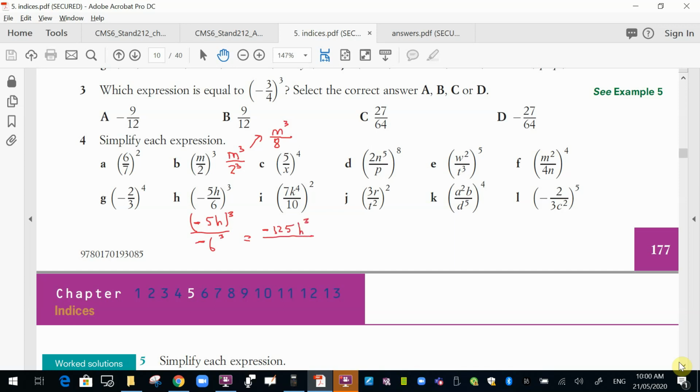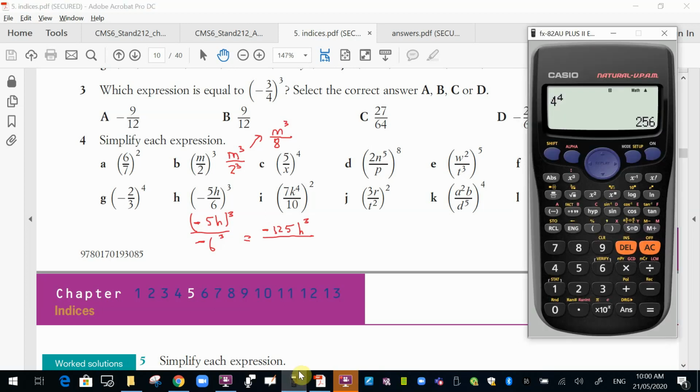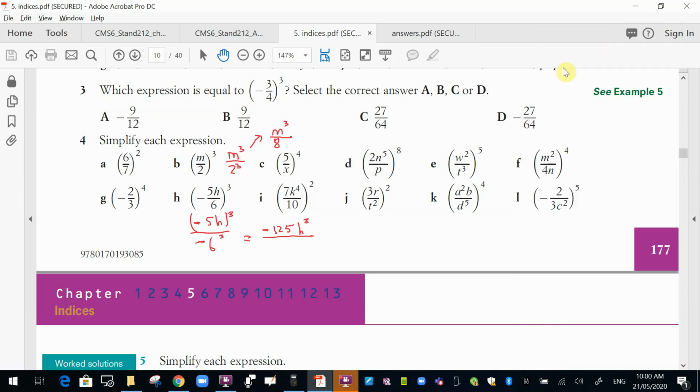Now if we do the negative in the bottom as well, in the denominator, 6 cubed, let's do a bracket, negative 6 cubed, negative 216. Now, when you've got negative in the numerator and the denominator, they cancel each other out. But that's not the right answer, because the answer's got to be negative, since we're cubing. So just do the negative for the numerator.